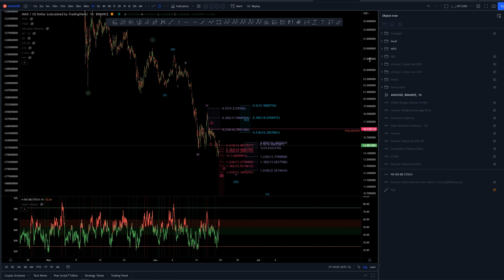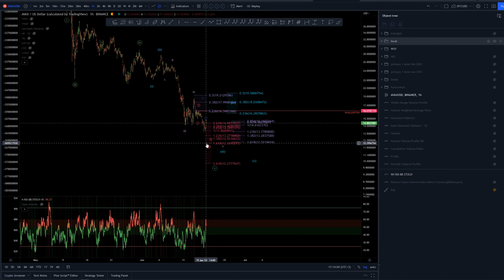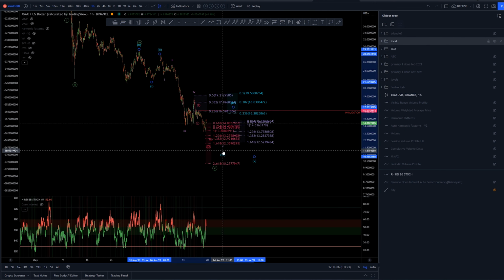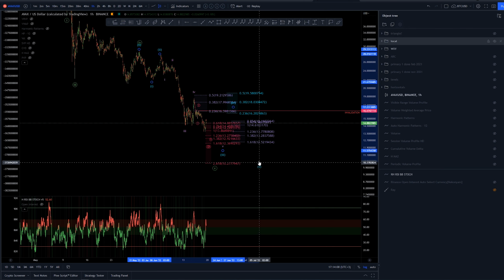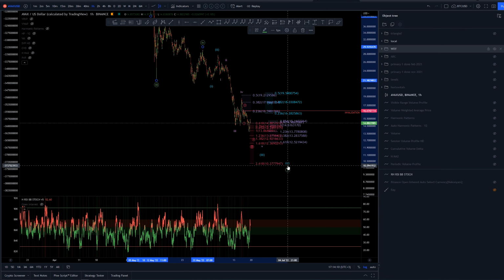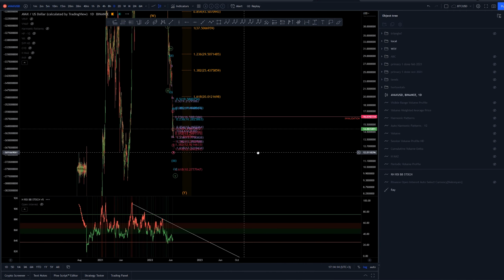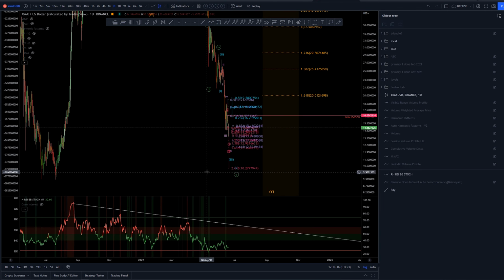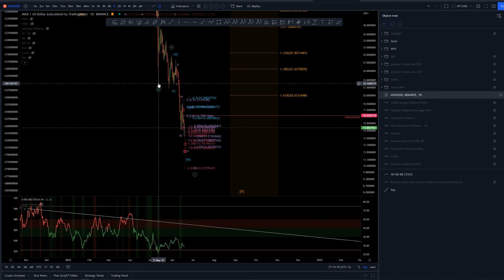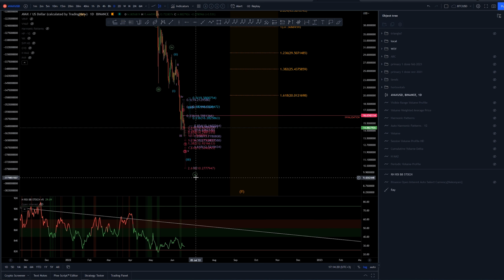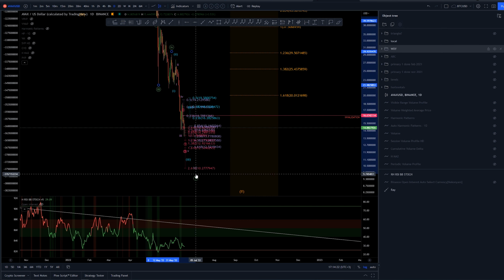But for me, we are still looking for at least 2 more lows for the 3rd of minuet and the 5th of minuet to complete the 5th of minute. And at that point, we should be looking at a possibility to see some kind of a divergence between this 3rd here and the 5th of this structure here.